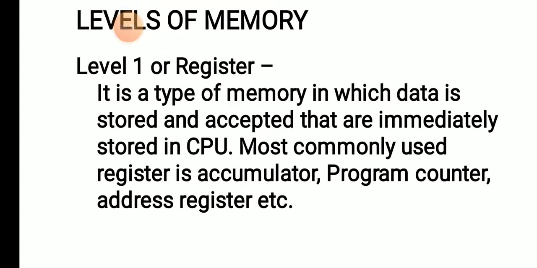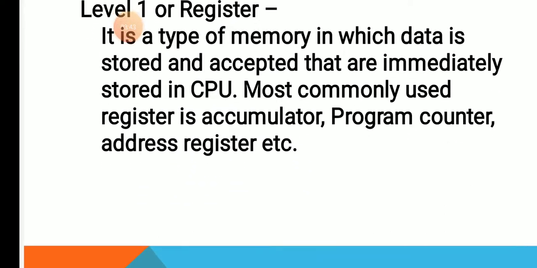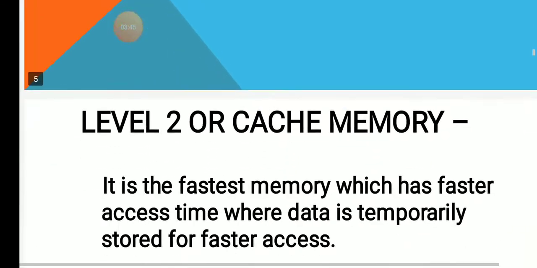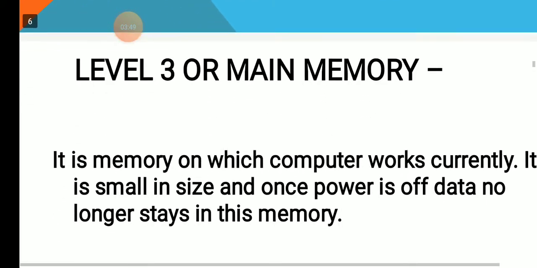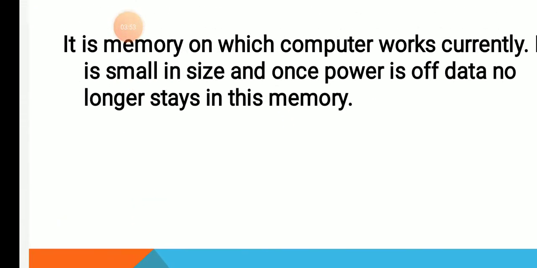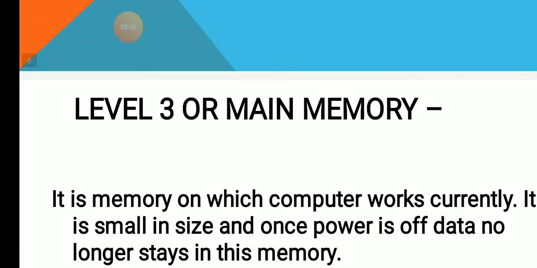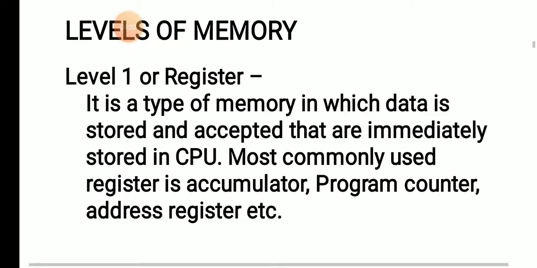Next, levels of memory. It is classified into level 1 or register, level 2 or cache memory, level 3 or main memory, and level 4 or secondary memory. First we will discuss level 1, also called a register.